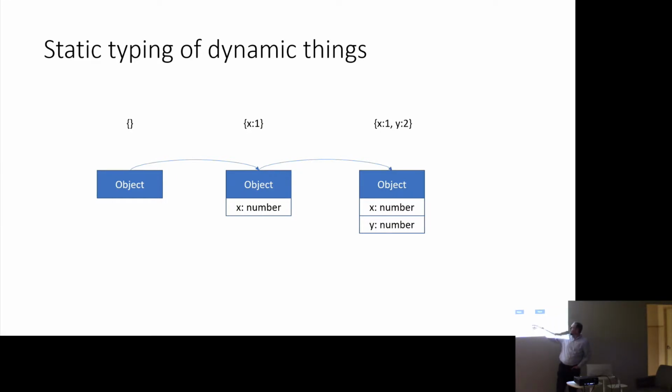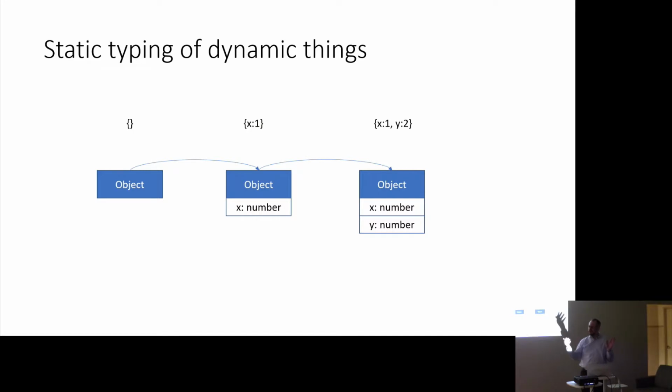But I can say objects that have an X property which is numeric are a type of thing, and I can decide that's my map for that, and I'm going to keep it, but not as a lookup table. I'm going to keep it and say that for objects of this type that have a number, X is going to be stored 10 bytes from the beginning of this object. That's where it's at. So what I have now is a hybridization of the idea that in a statically typed language, I would have known where X was going to be.